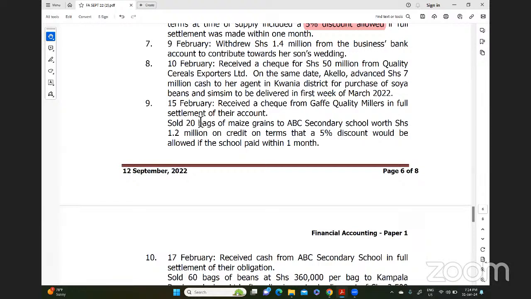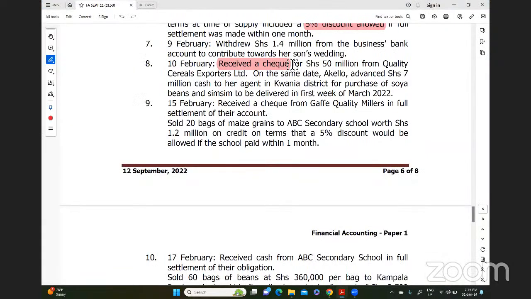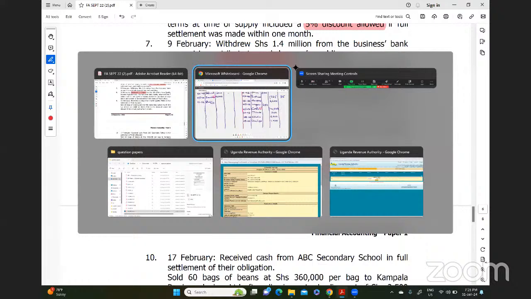First of all, we are receiving, and we are receiving by check of 50 million from Quality Cereals. No other strings attached. We treat it as such. That is 10th Feb.